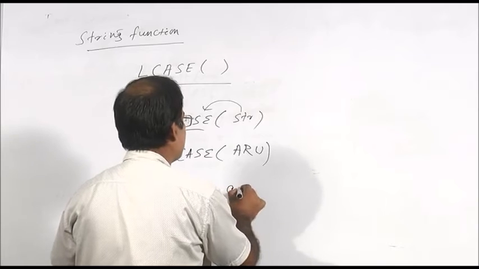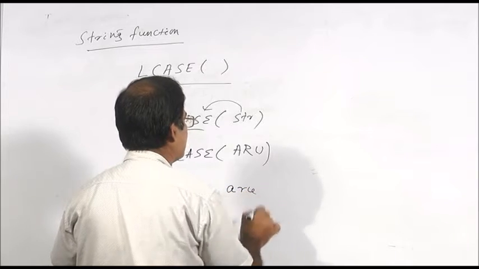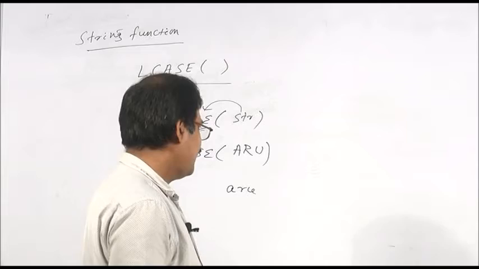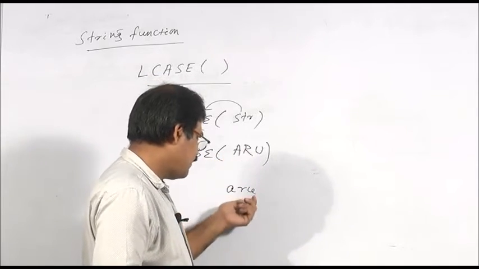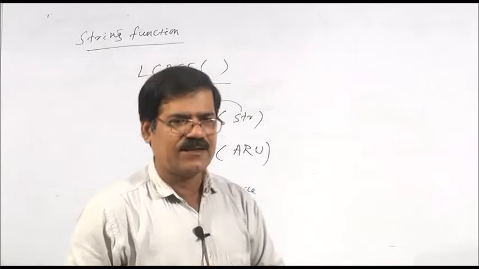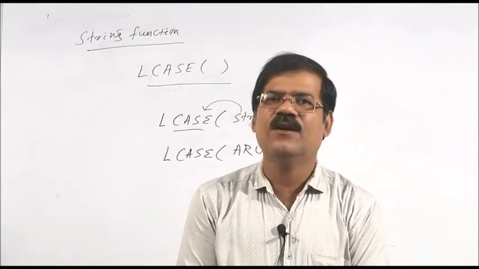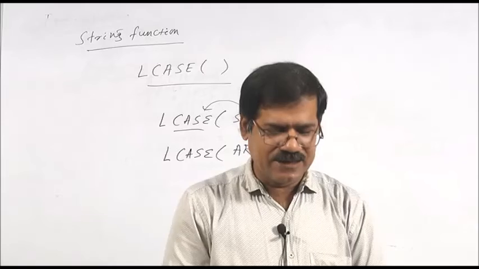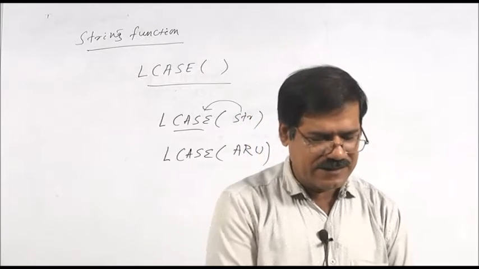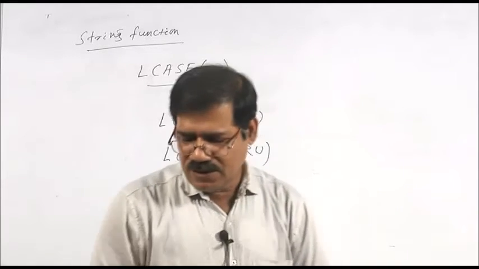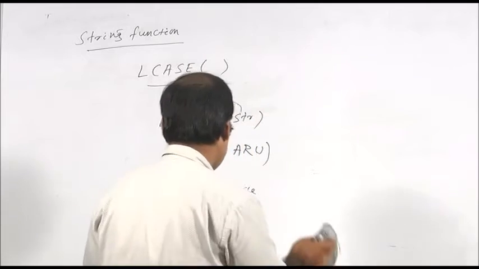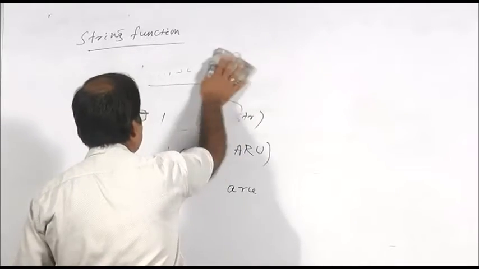The output will be small a, small r, small u. So a capital letter is transformed to a lower case letter; that is called LCASE. LCASE means lower case. If the string is in capital letters, it will be changed to small letters, that is, lower case letters.